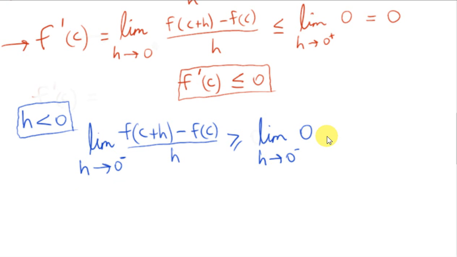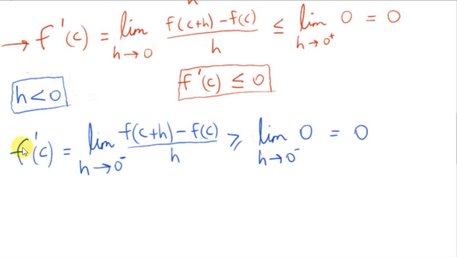And by the limit of a constant result, the limit of a constant is just a constant, where the constant is 0 in this case. But this limit here is nothing other than f prime of c. F prime of c is usually written like this: limit as h tends towards 0. So f prime of c exists, so this limit exists.